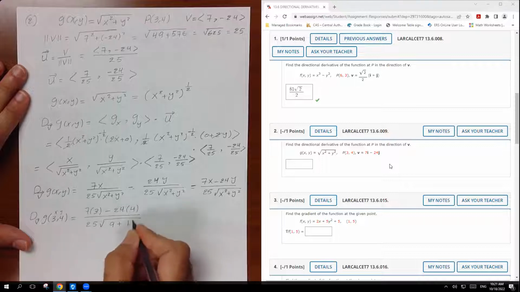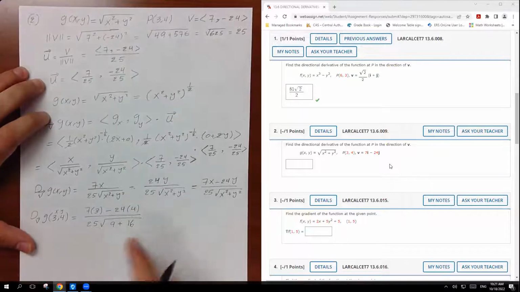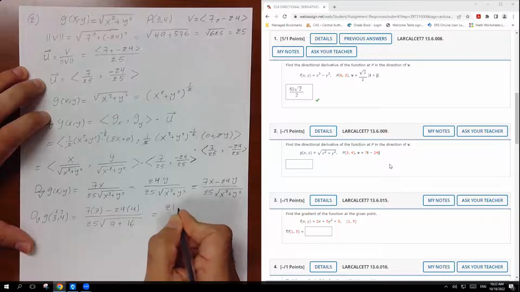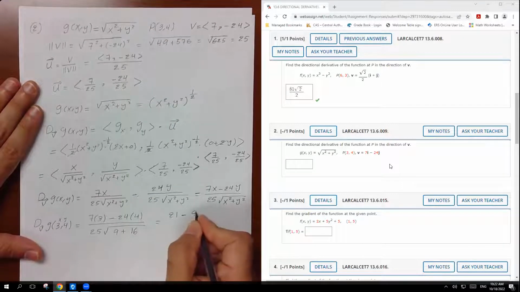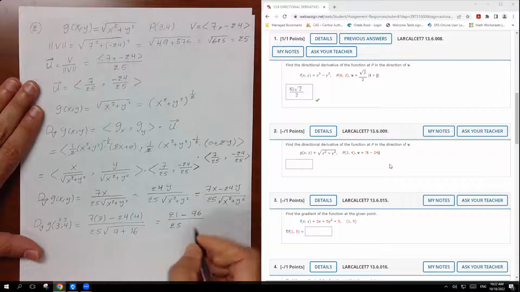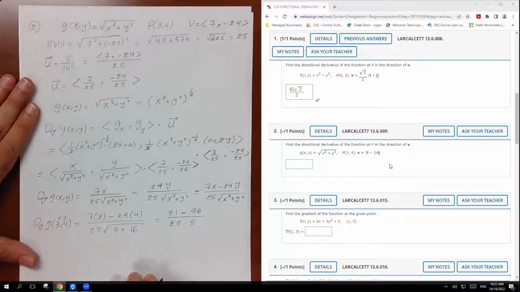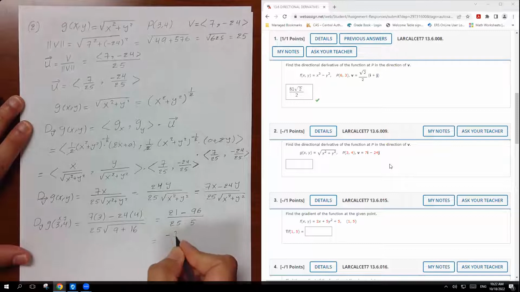That is 25, and the square root of 25 is 5. Here we have 21 minus 96 over 25 times 5. 21 minus 96 is negative 75, over 125.